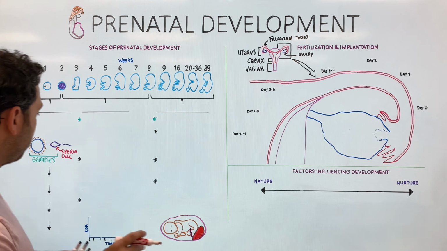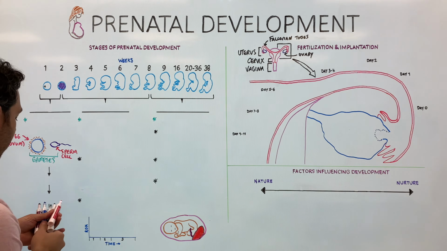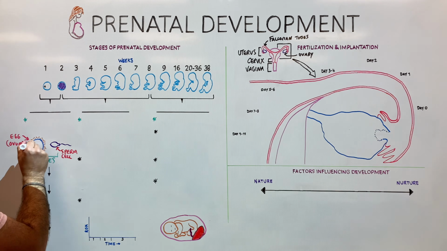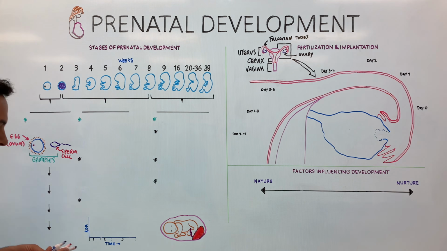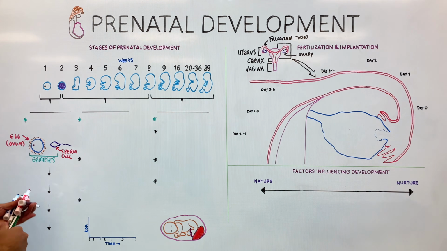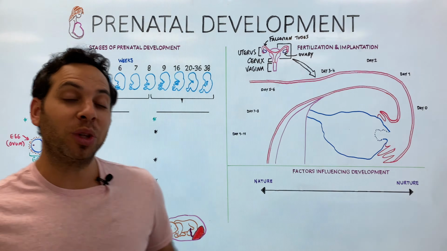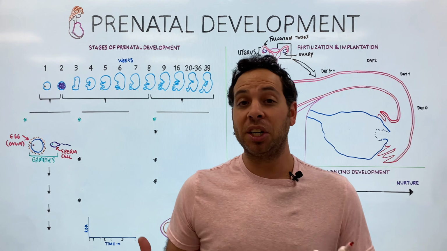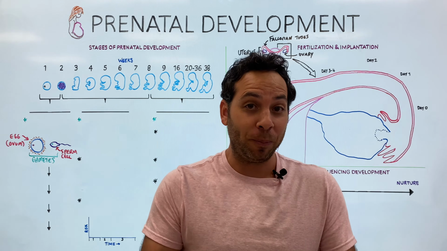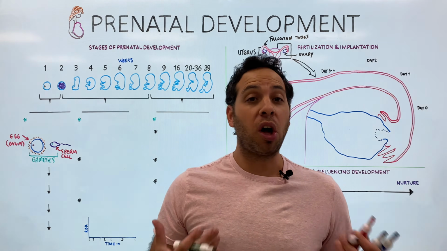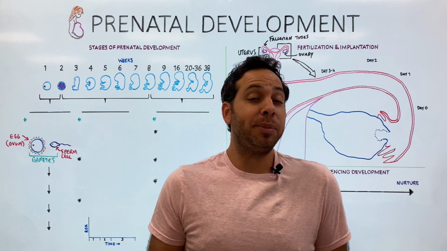Now, what's really important to know, we'll talk about this later on as well, is that within each gamete is a nucleus. So we have one nucleus inside the egg, and we have one sitting inside the sperm cell. Now, why is that important? Because inside the nucleus is all the genetic material that's going to make you. Determine the color of your skin, the texture of your hair, how tall you might be, your weight, predisposition to diseases.